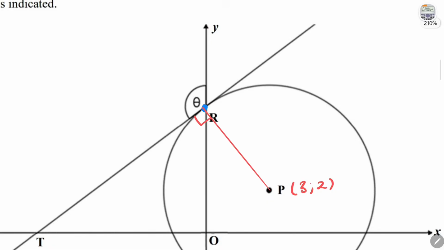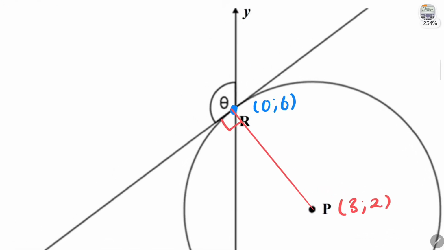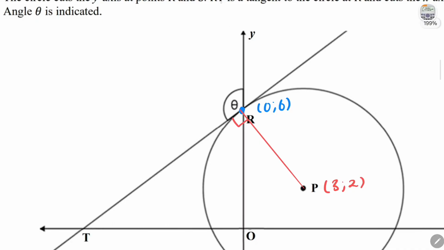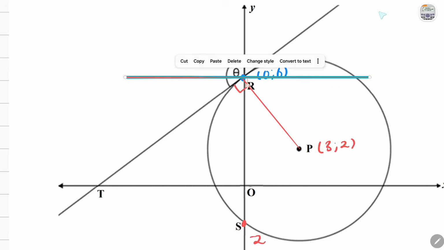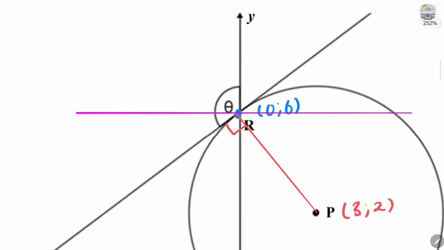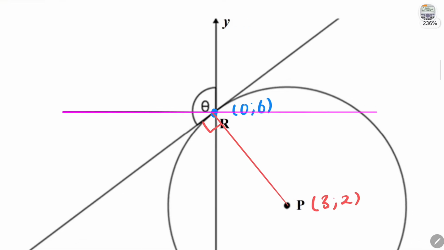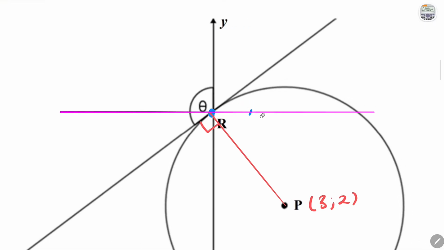But here's something we can do with this. So this is (0, 6). We have theta over here, and we can actually just draw an imaginary x-axis. This is just a line parallel to the x-axis, so you can better understand how this angle was created. So you put it right at that point there. Let me just remove this for now.